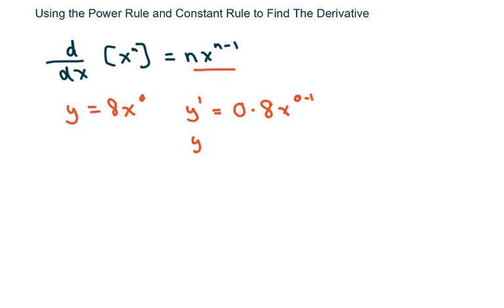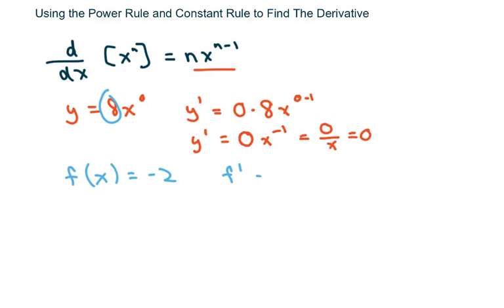So the derivative is 0 times 8, which is 0, times x to the negative 1, which is 0 over x, which equals 0. So anytime you have a constant like this, for example, if you have f of x equals negative 2, then the derivative of f is just going to be 0 for the same reason, because of pulling the 0 down here. Okay, so let's do some that are a little more interesting.